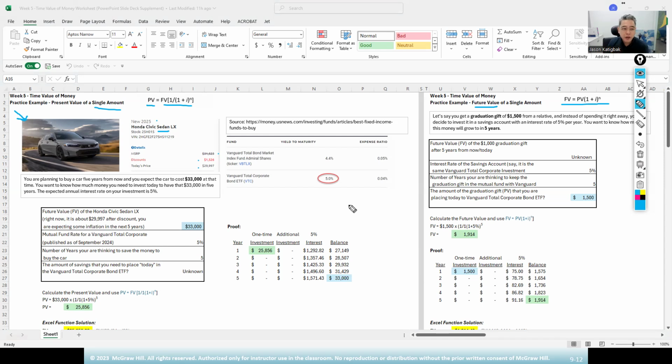Now, going back to our hypothetical problem, you're planning to buy a car, say when you graduate or later on after 1 year of working, 5 years from now.